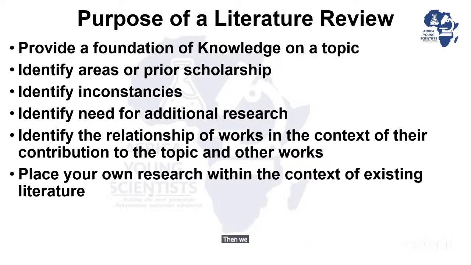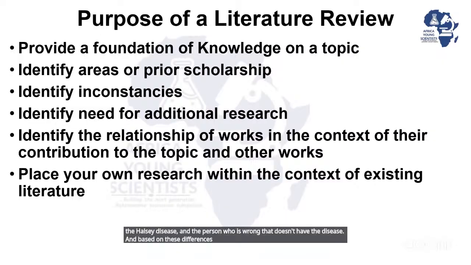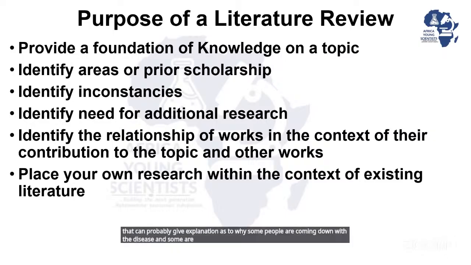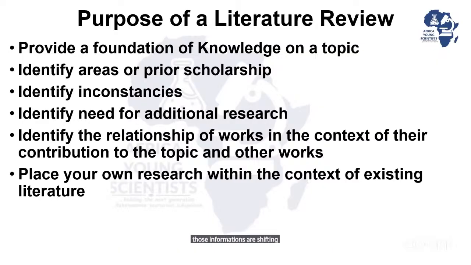Then we start understanding some of the mechanisms that differentiate a person who is old and has the disease from a person who is old and doesn't have the disease. Based on these differences, science is now finding new things that can probably explain why some people are coming down with the disease and some are not. And you can see how this information is shifting.